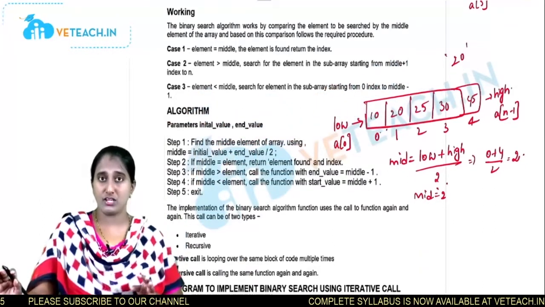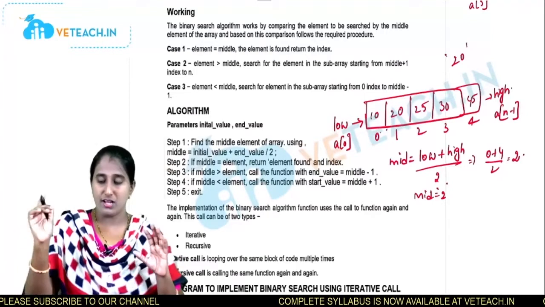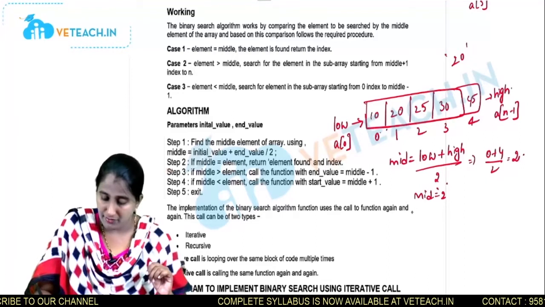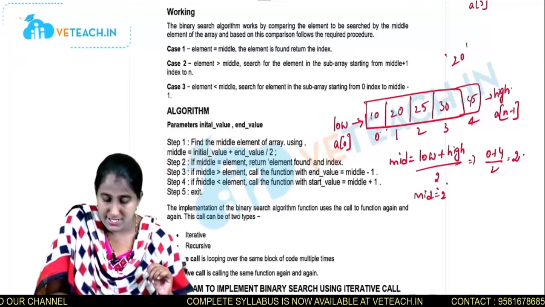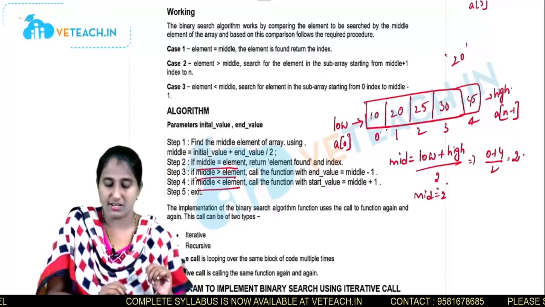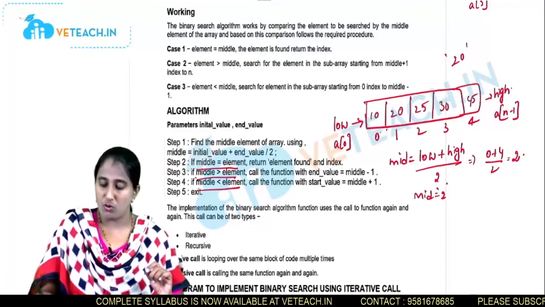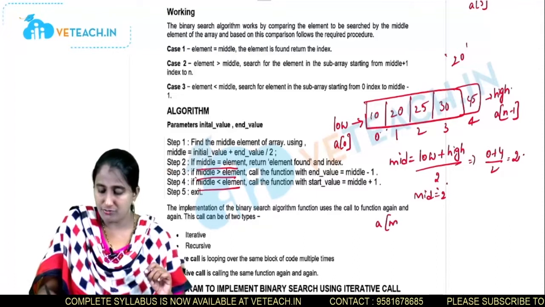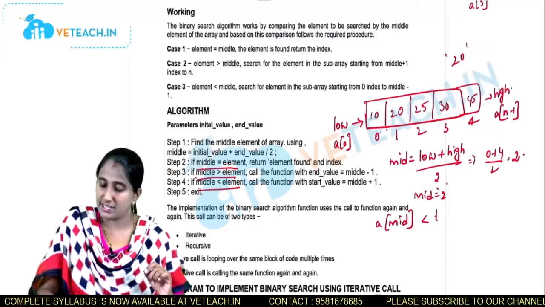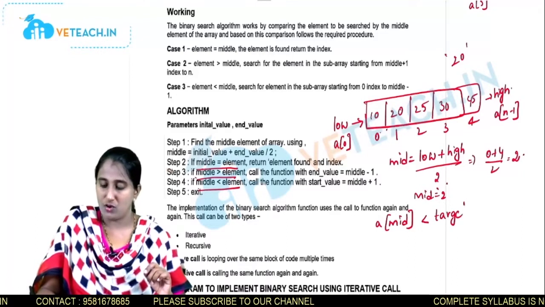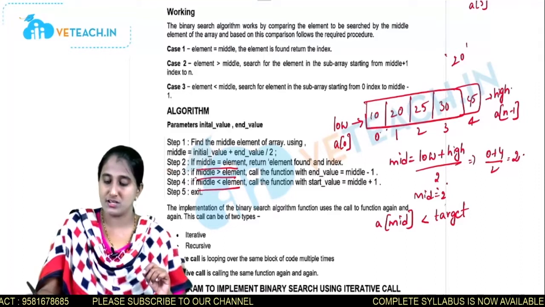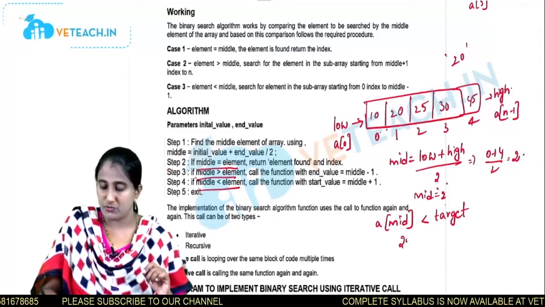First we have to calculate the mid value. Then we have to compare these three conditions. You can see the conditions here. If a of mid is less than the target element. What is the a of mid element here? A of 2 means 25.